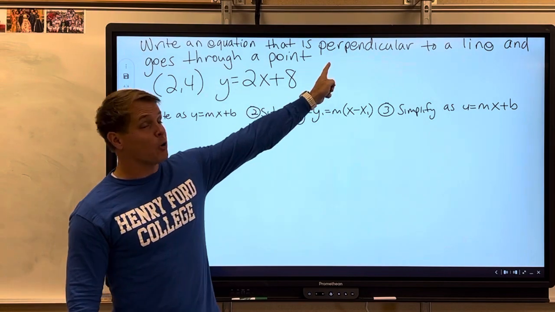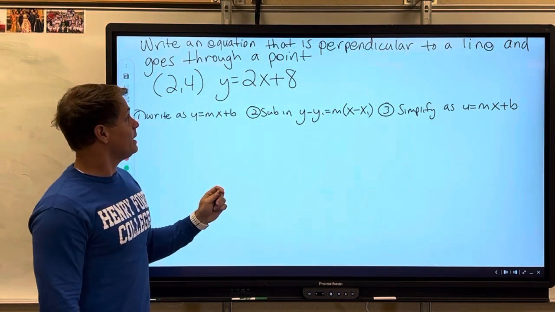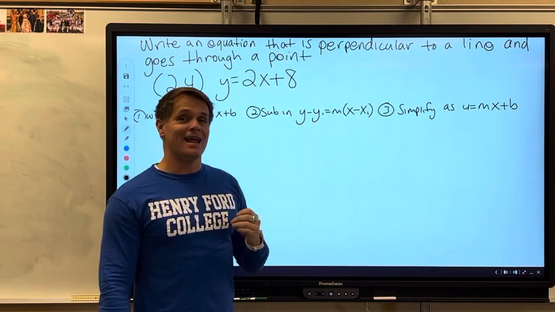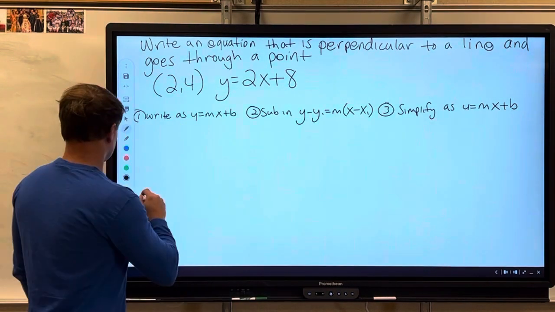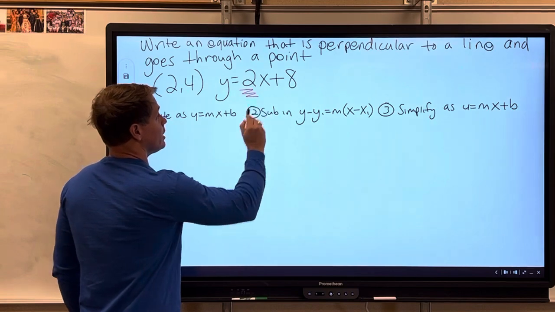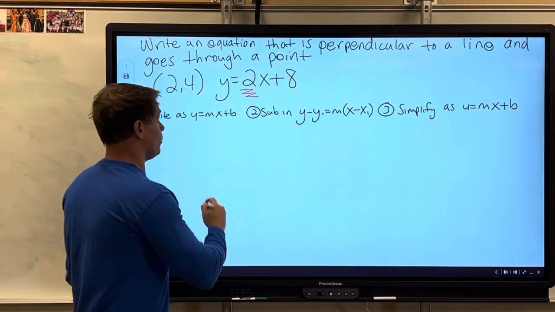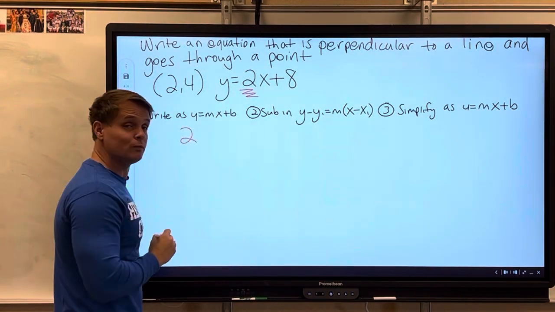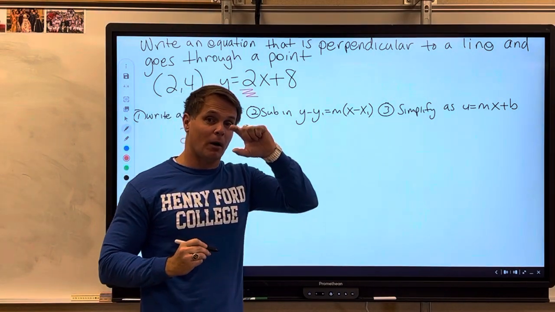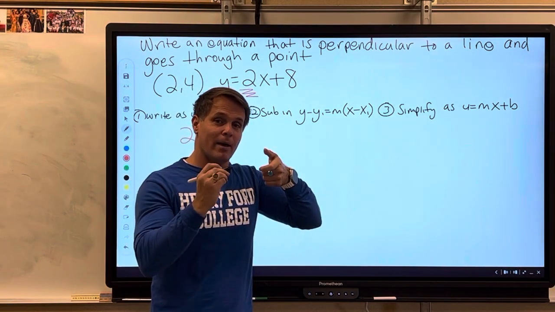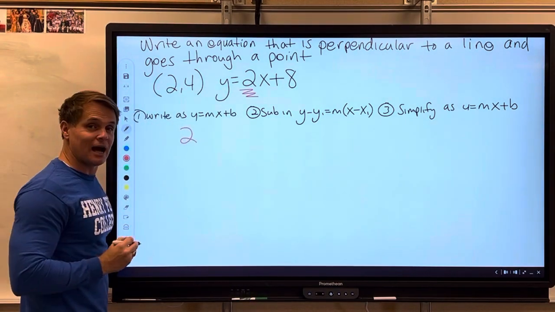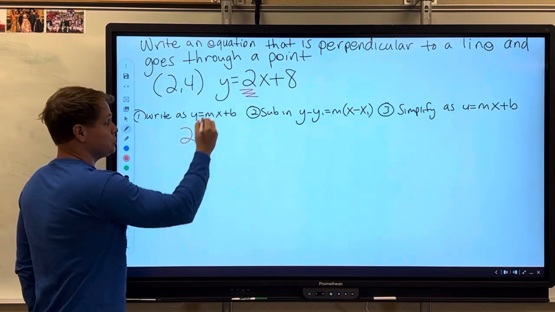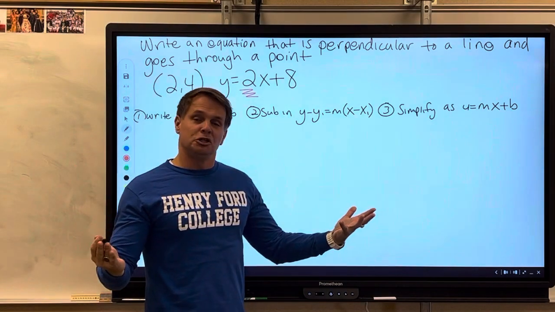Now since it's perpendicular, we have to find the negative reciprocal of 2. The slope is 2. The negative reciprocal means I take that 2, flip it upside down, and make it either positive or negative, depending on what the sign already is. Right now it's 2. Well, you say 2 is not a fraction.